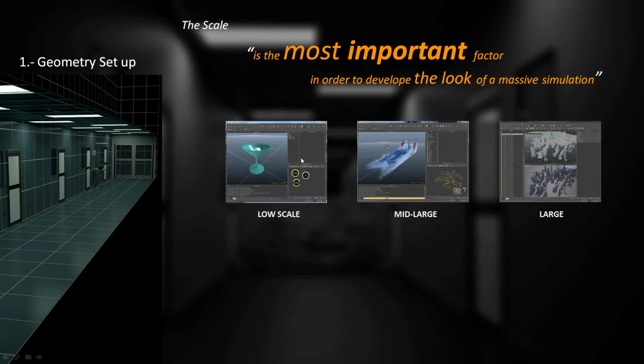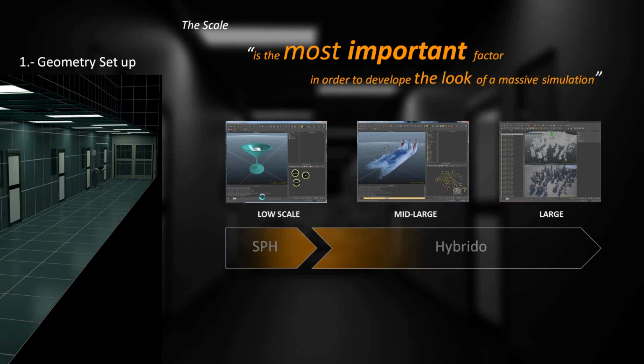It's going to be critical to work on this aspect. And in the beginning, RealFlow implemented the SPH technology, the smoothed particle hydrodynamics, but in RealFlow 5 and later versions, we implemented Hybrido, which is currently in its version 2.